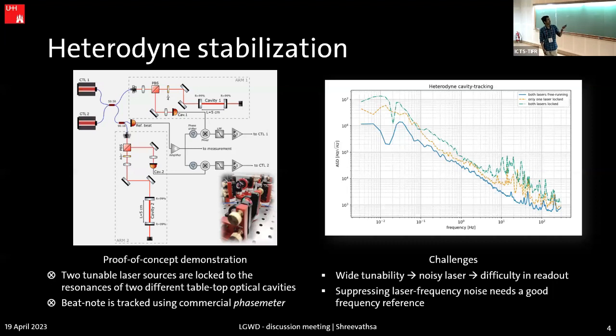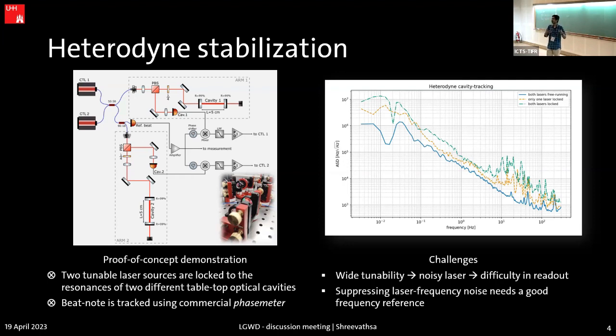The disadvantage here, or the challenge I would call it, is that the laser should be widely tunable, and when a laser comes in a widely tunable region, obviously the laser itself is inherently noisy. You can't get a very stable laser by itself if you have wide tunability.